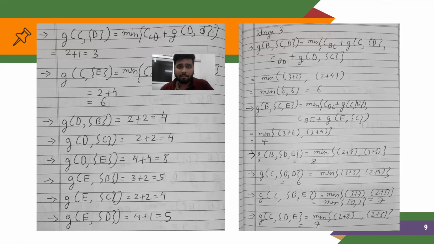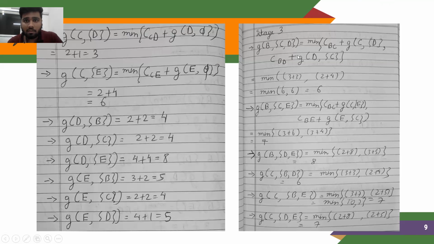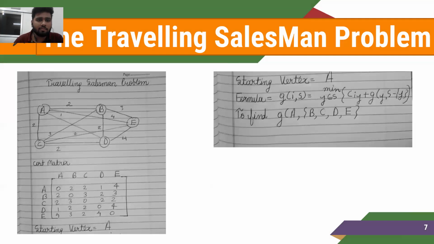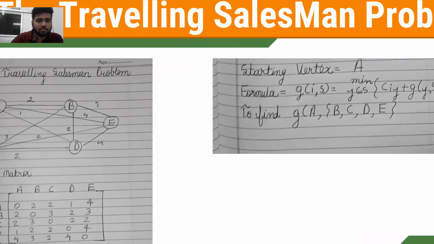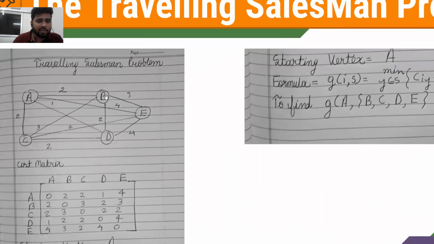For example, we are using G of B comma CD. As I have explained, you can also understand this. Let me take you back to the graph. Yes, G of B comma CD.